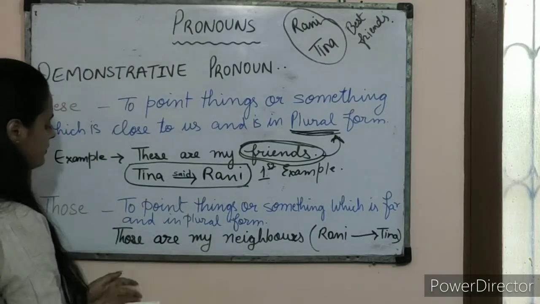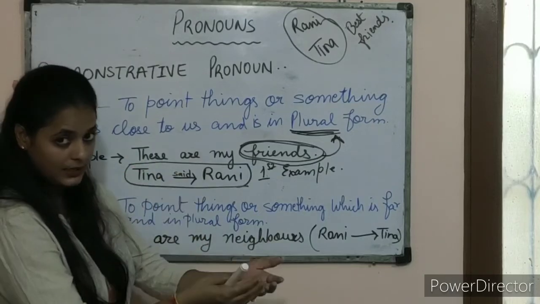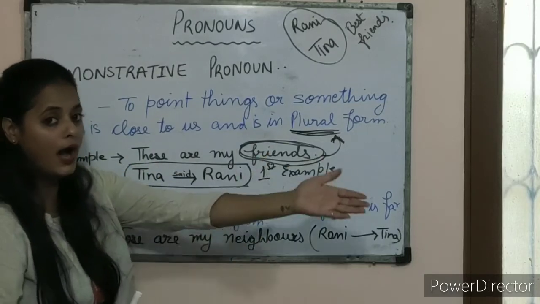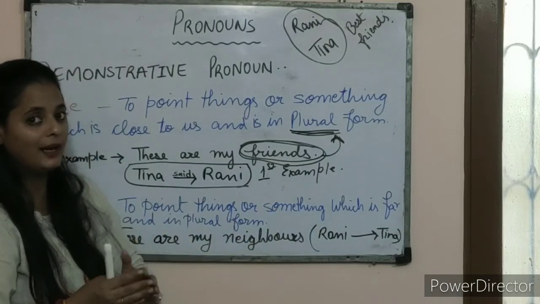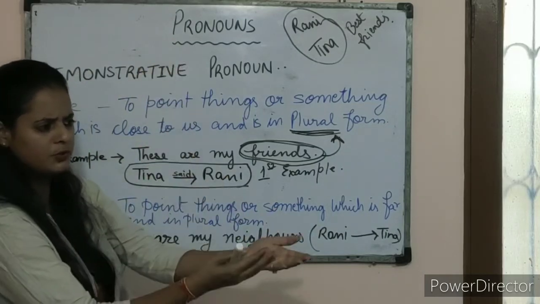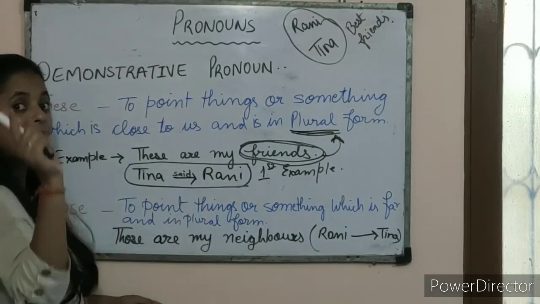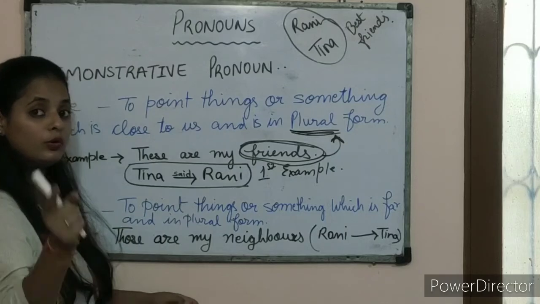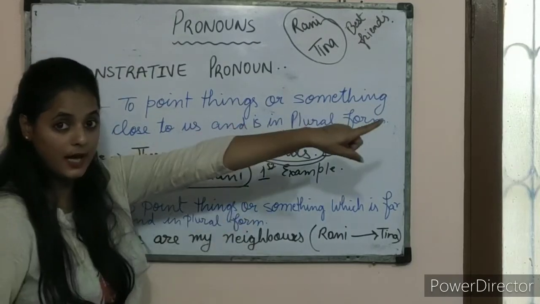So here, while Tina questioned Rani that who are they, right? Who are they? Because she was confused that Rani had so many friends and now she is playing with these girls. Who are they? So Rani here is clarifying to Tina that those are my neighbors, right? Those are my neighbors.